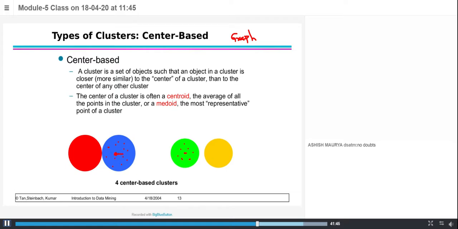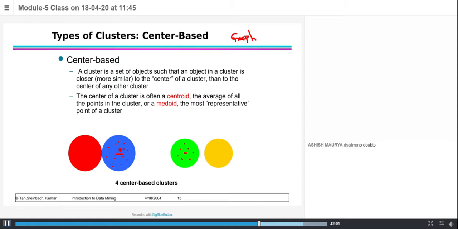If any object is closer to the center of its cluster, then we say that it is a center based cluster.